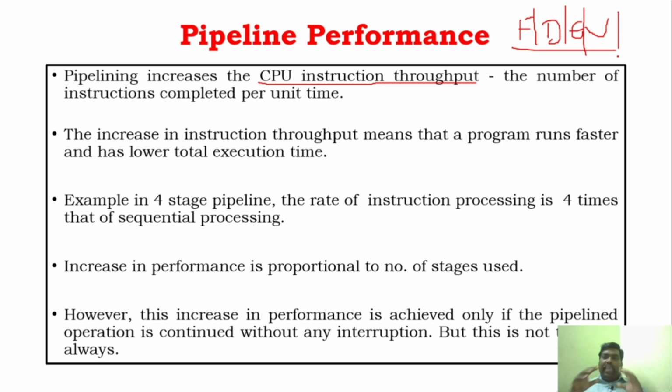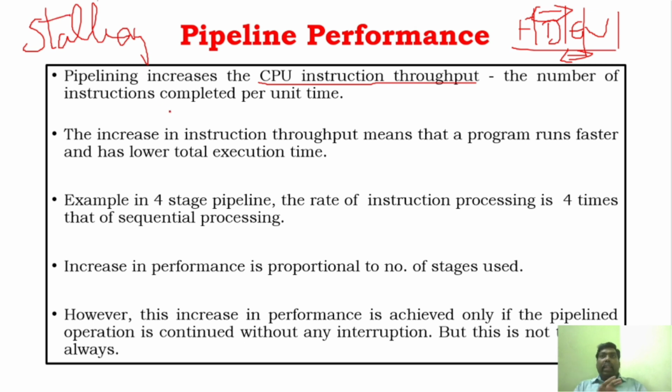If any interruption takes place, for example, if the decode phase or the execution is not completed within the particular time, then the whole pipelining operation will be stopped. It will be halted. It is called stalling the pipelining operation. It will hold the complete pipelining operation.